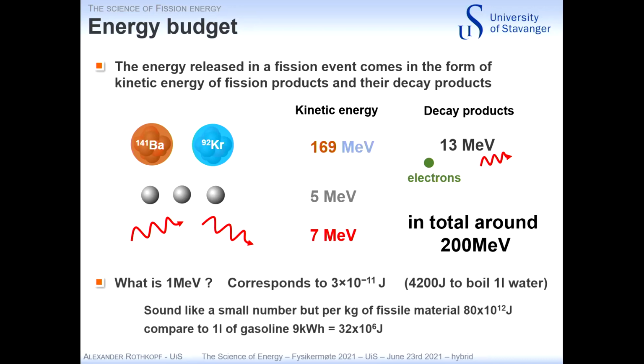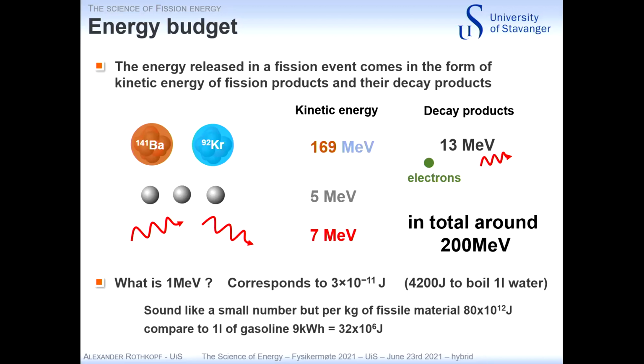So what is 1 MeV? This is a unit that we usually are not used to in everyday life. If you just type it into Google, convert the unit, it tells you it's 10 to the minus 11 joule. So 0 point 10 zeros and a 1 joule. That looks like a very small number because you need 4,200 joules to boil 1 liter of water.